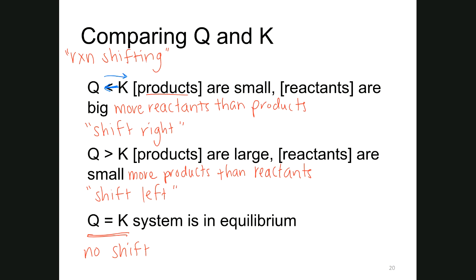So right now the arrow is going to the left, which means I have more reactants, so I need to shift right to make more products. For Q is greater than K, our arrow is going to the right, which means we have more products. So we need to shift left in order for equilibrium to be reached.